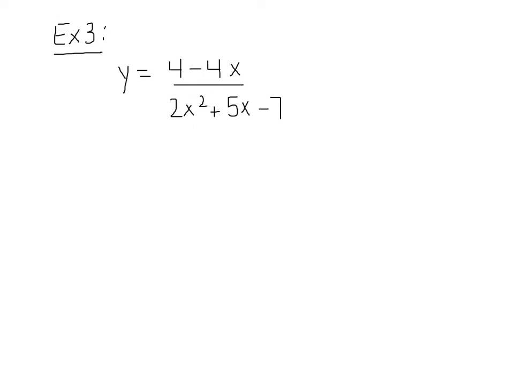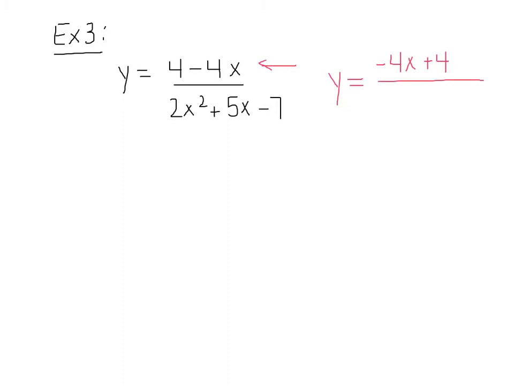Alright, in this third example, I have 4 minus 4x divided by 2x squared plus 5x minus 7. One thing that I've noticed is in the numerator, let's rewrite this to be in descending order. So it's going to be y equals negative 4x plus 4. I'm just rearranging it to put it in descending order.